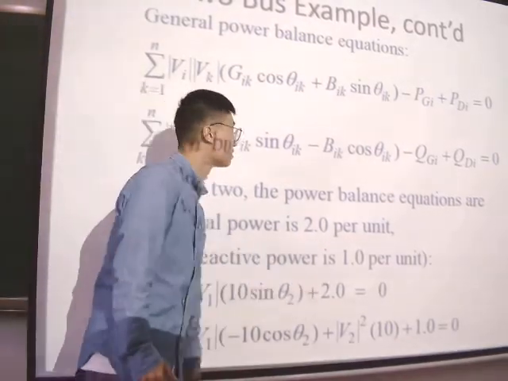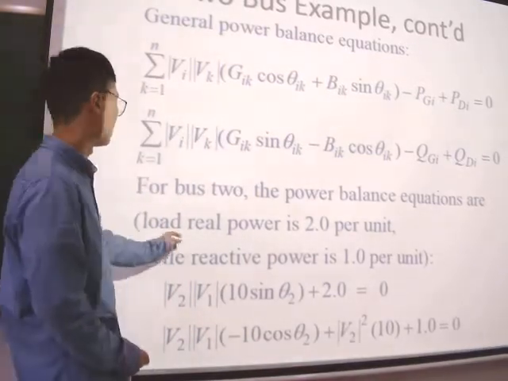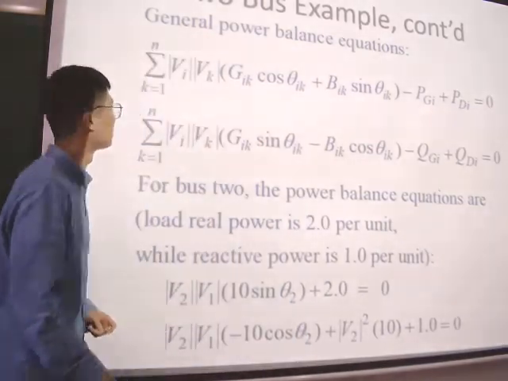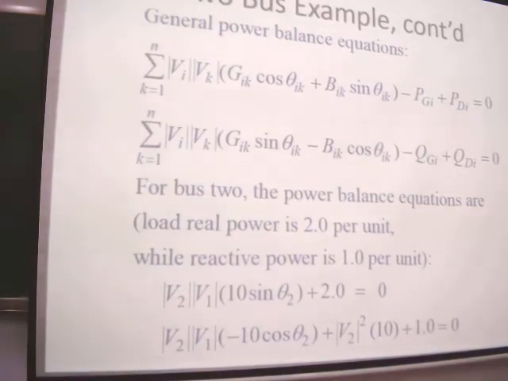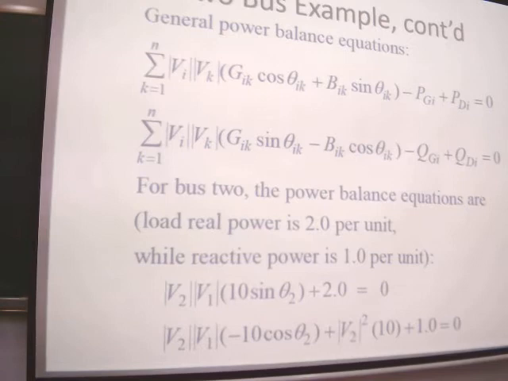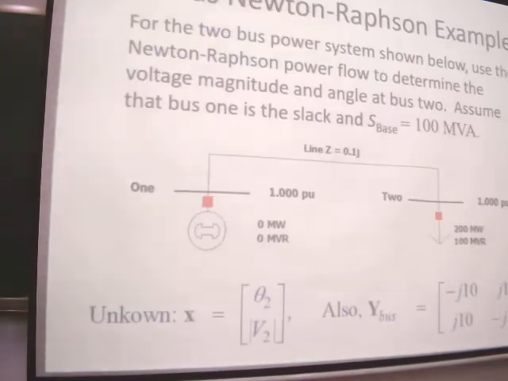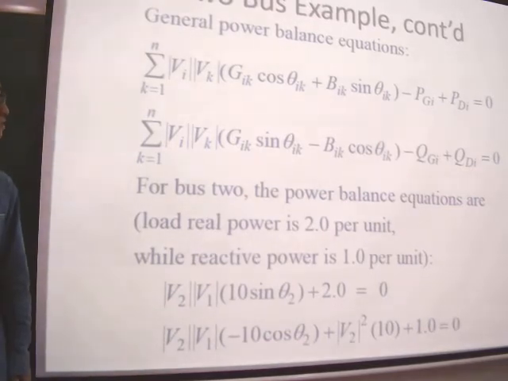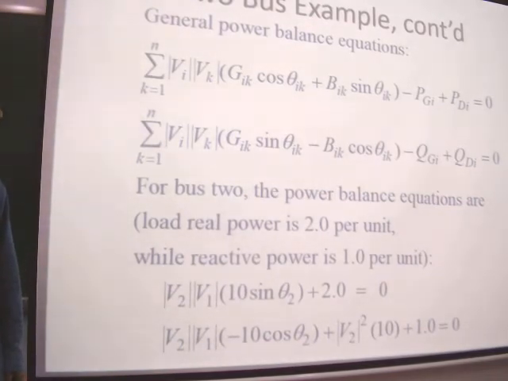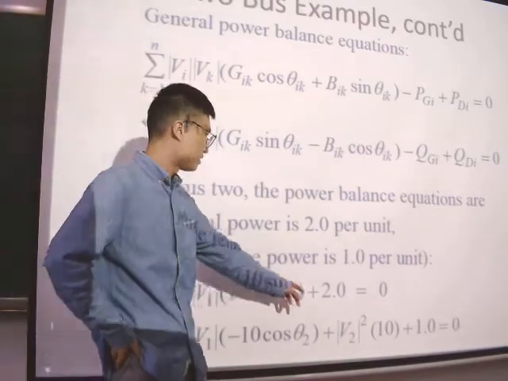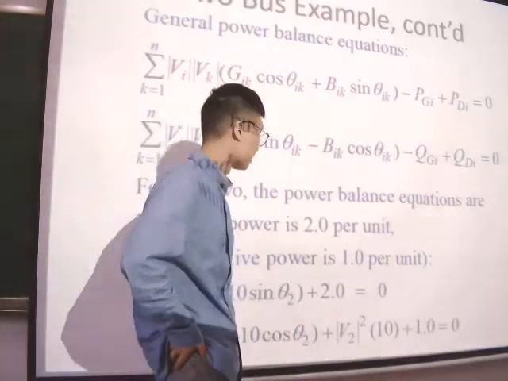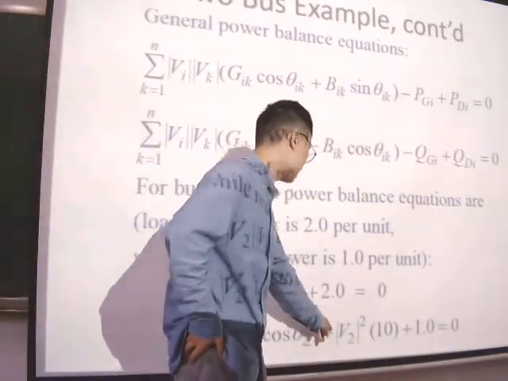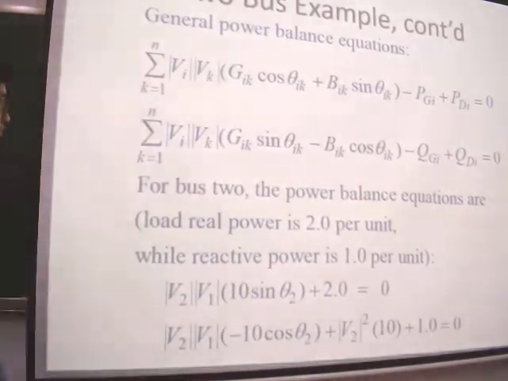And here the 2, because the real power generation is 1, right? So here is the 2 plus 2, and here is another 10, right?